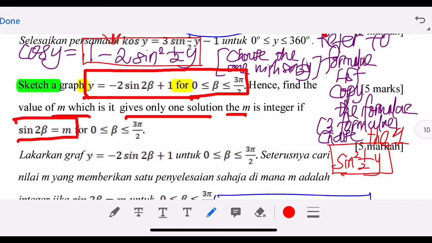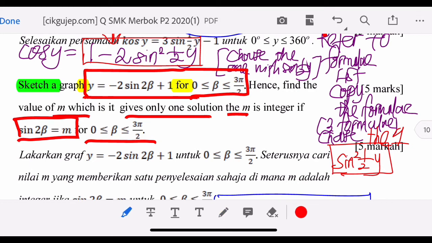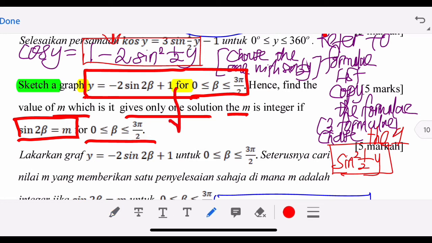So okay, then find the value of m which gives only one solution. The m is an integer if sine 2 beta equal to m, and beta should be between 0 to 3 pi over 2. Okay, so now by looking at the question, firstly we need to sketch the graph first.